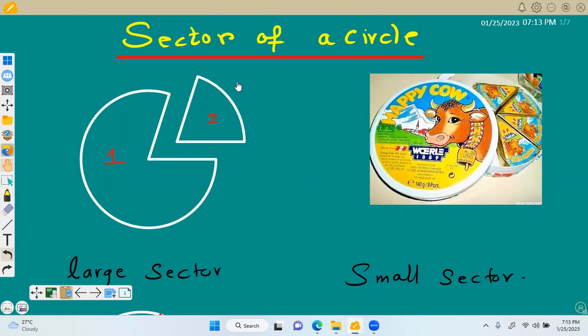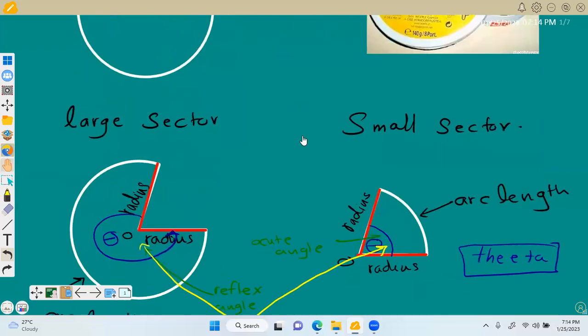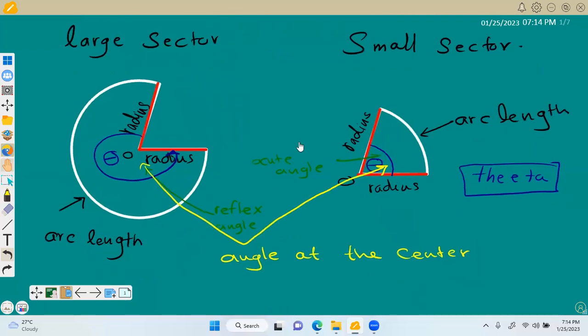Okay, if we cut a particular circle along two radii, we can obtain two separate parts. Okay, one is a large one, the other one is a small one. Then this large one is called the large sector and the small one is called the small sector. Okay, then when we have a sector, there are two radii, they are straight line segments, and there is a curved line.